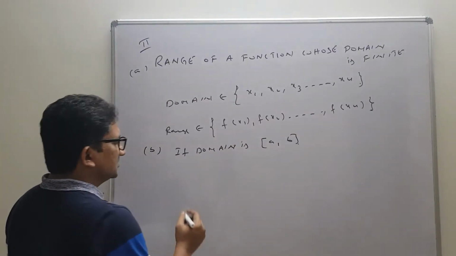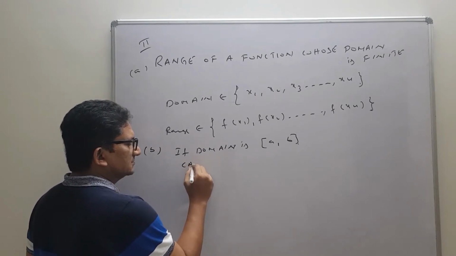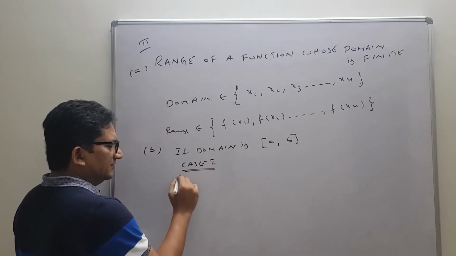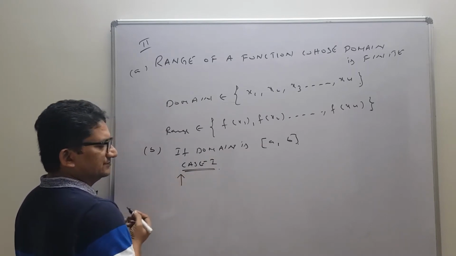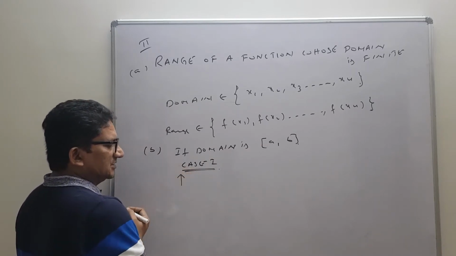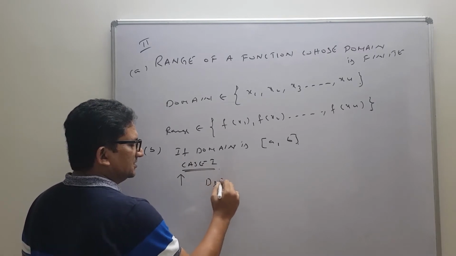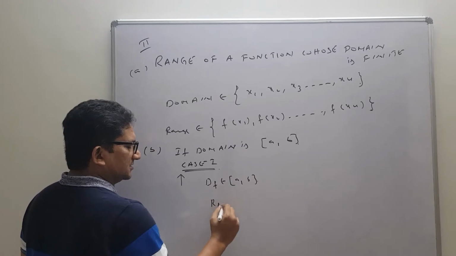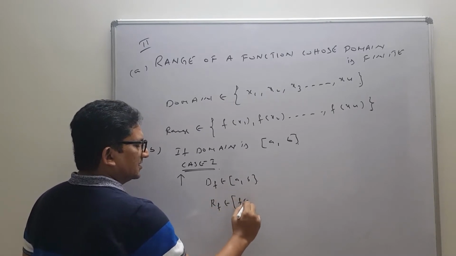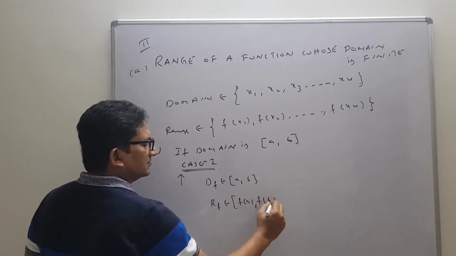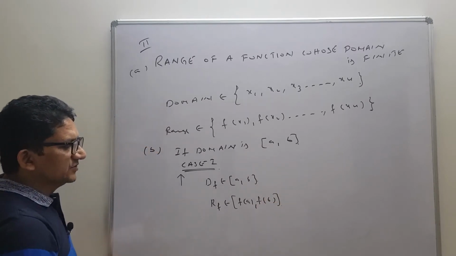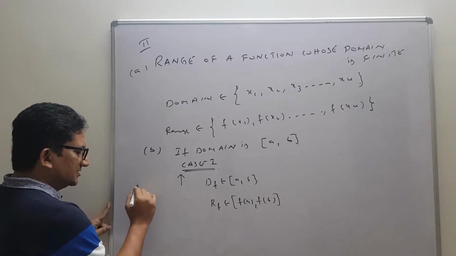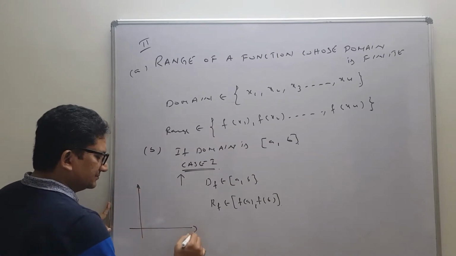In such a case, there exist two cases. Case 1 is if the function is increasing. So if the function is increasing and the domain of the function is, suppose, a comma b, then the range of the function is f of a comma f of b. This is because the domain is the closed interval and the function is increasing, which means the function appears like this type.